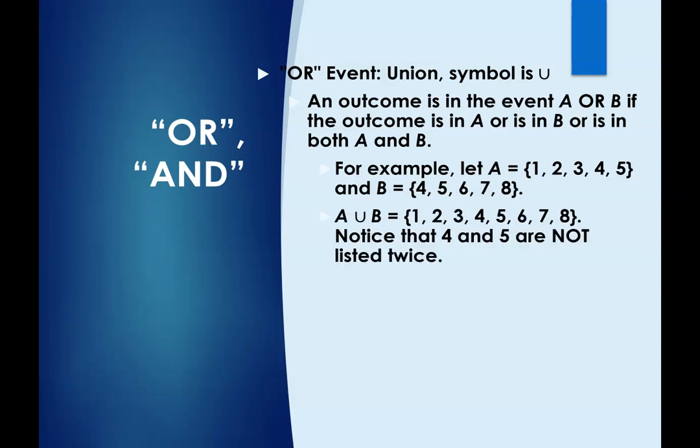So refresh on that. So A union B would be everything in both entire sets, except we're not going to double dip. So we have 1, 2, 3, 4, 5, 6, 7, 8, and we're only going to list the shared number or element, 4, and the other shared element is 5, once.